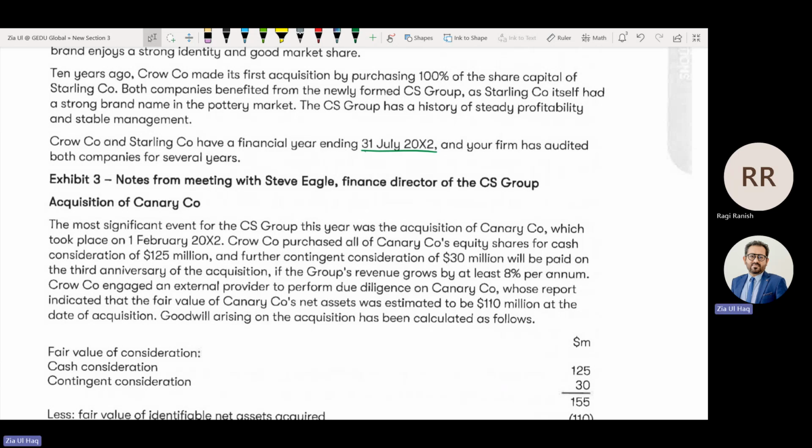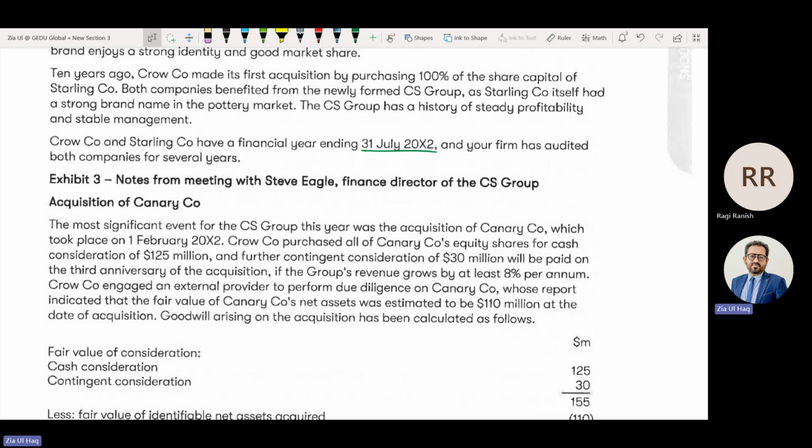The most significant event for the CS Group this year was the acquisition of Canary Company, which took place on 1st February 2022. Year end is 31st July 2022. This means that if Canary Company was acquired on 1st February 2022, the results after 1st February should be consolidated. Post-acquisition only; pre-acquisition results should not be consolidated.